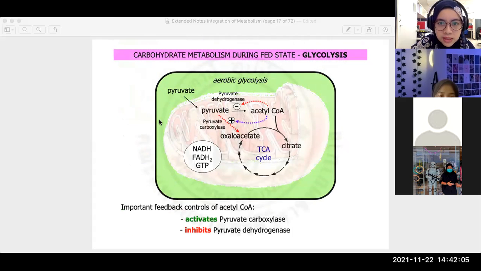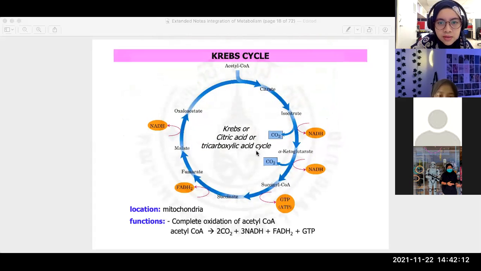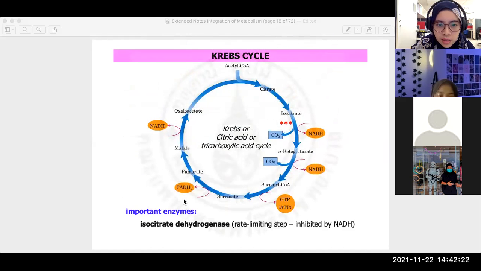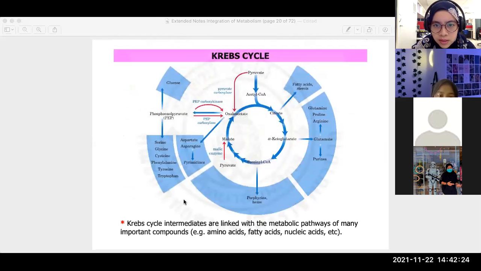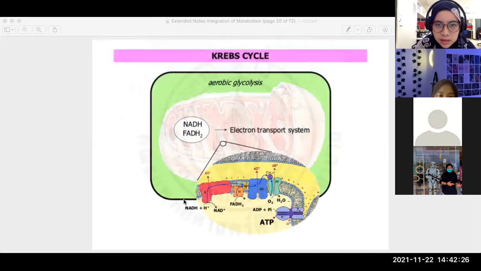So this is glycolysis, followed by the Krebs cycle or TCA cycle. After glycolysis, which happens in the cytosol, the Krebs cycle happens in the mitochondria. This one you can go into later.